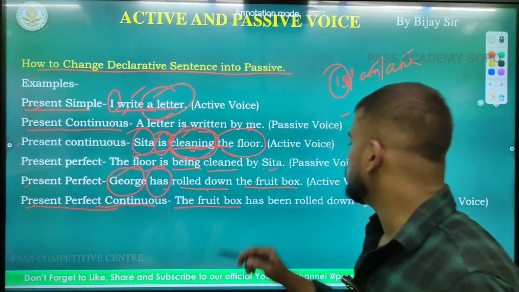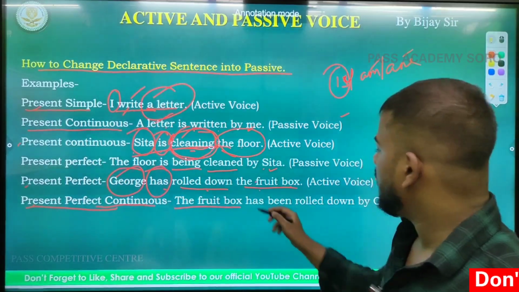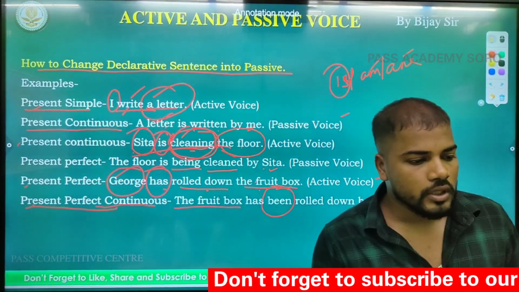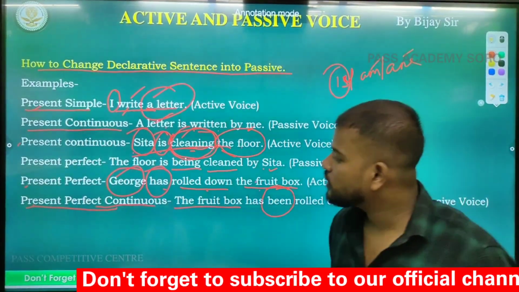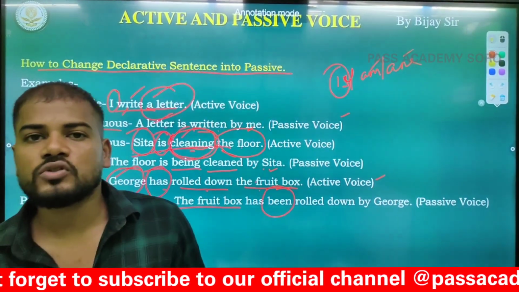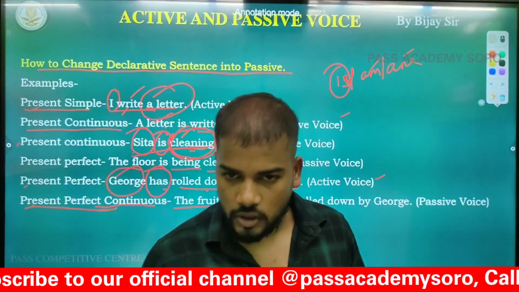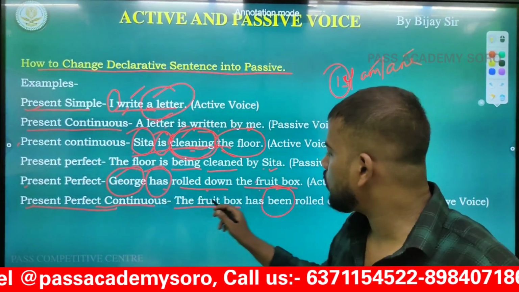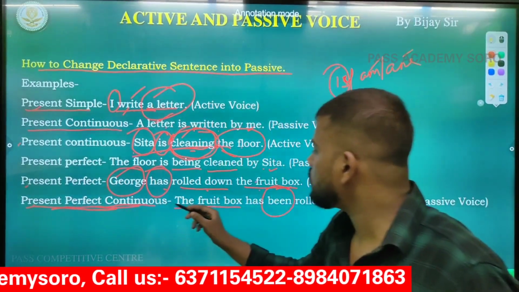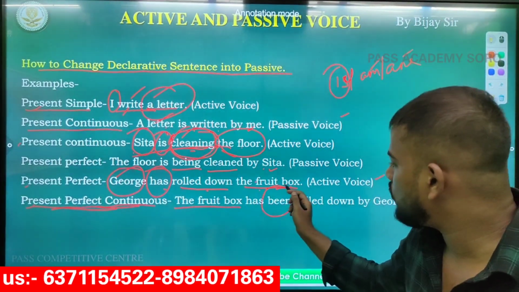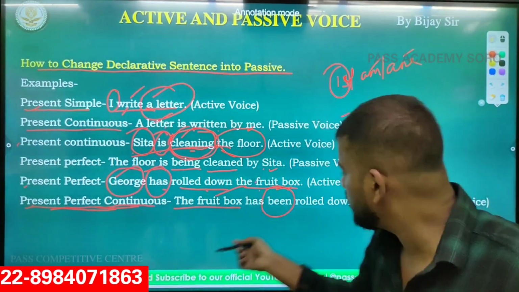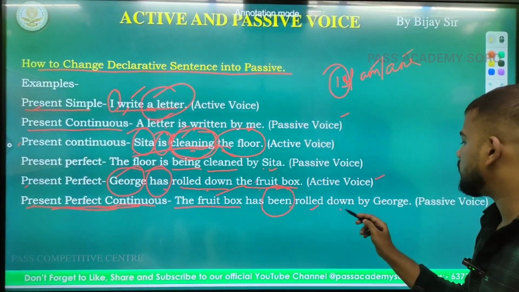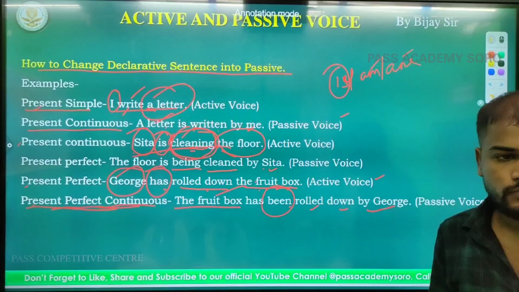So we use here the fruit box has, and we use been here. As we know, according to the rule, if our sentence is in present perfect tense we have to change it into present perfect continuous. Okay, it's very easy, right? The fruit box is the object and we make it the subject: has been rolled down by George.